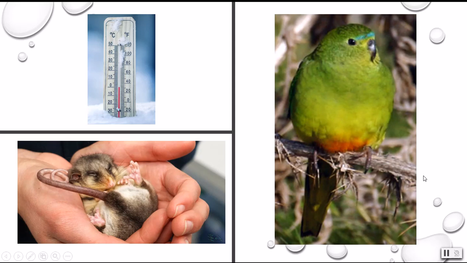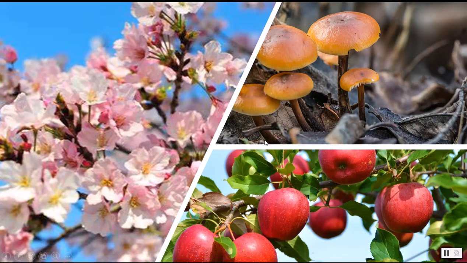This one's an orange-bellied parrot, which is quite rare and usually lives in Tassie, but moves to Victoria and back again during the winter. Many plants also need periods of cold to help trigger their next flowering and the subsequent fruit.